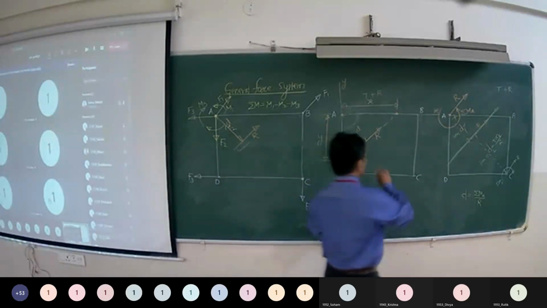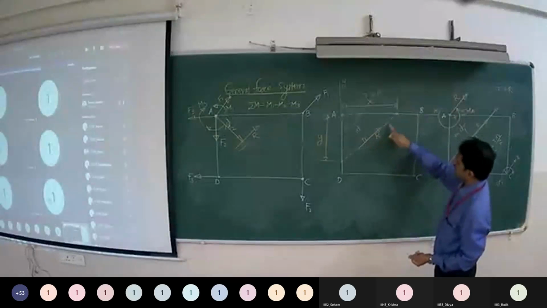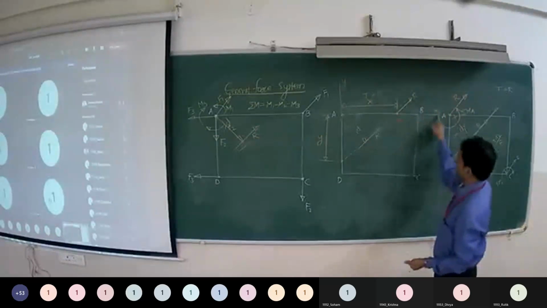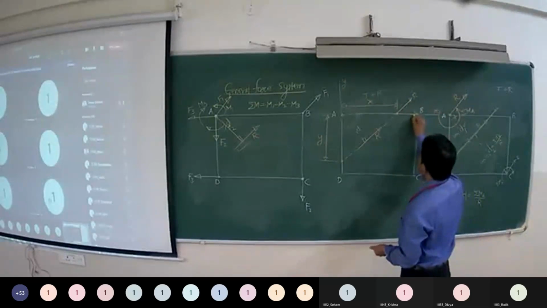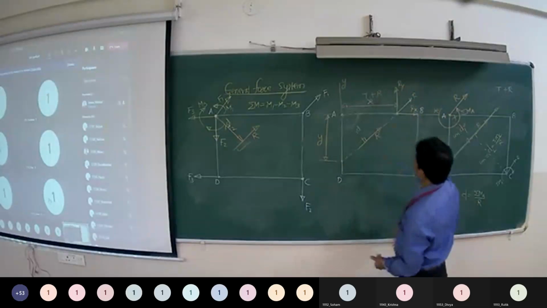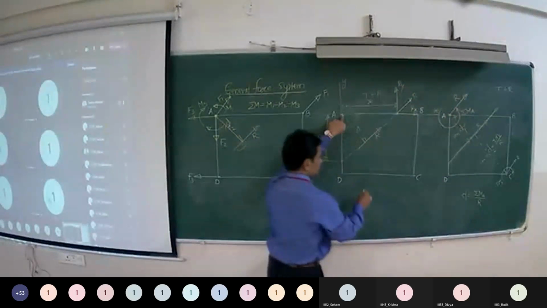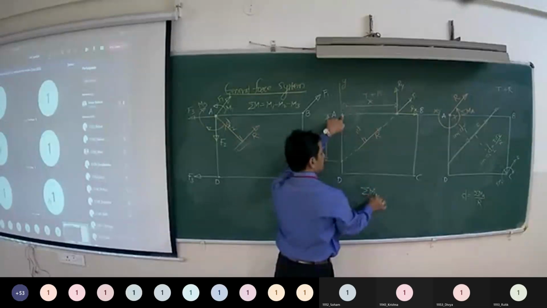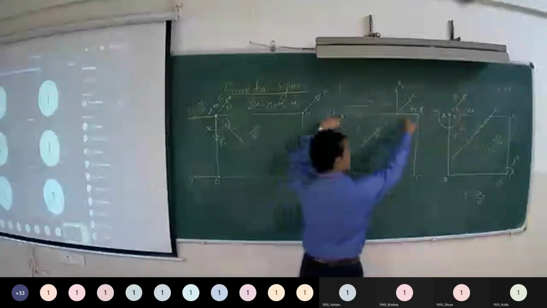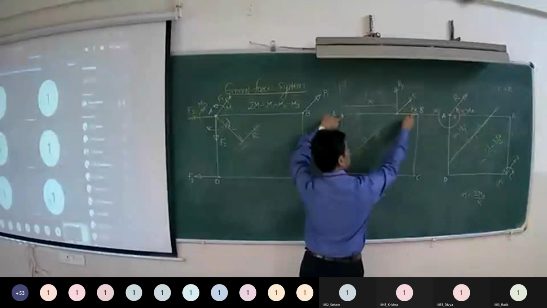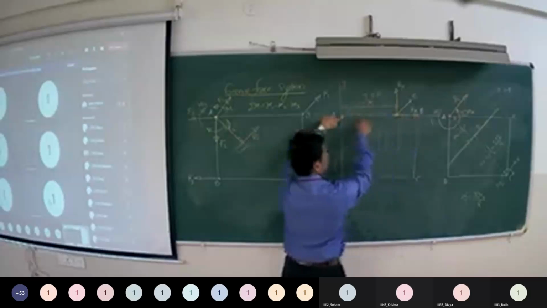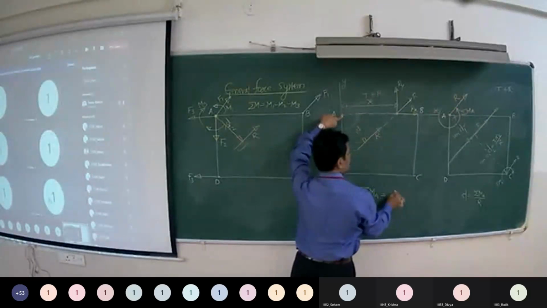Now, by the principle of transmissibility of force, I can transfer the resultant along the same line of action to this point on the x-axis, and then I will resolve this into x and y components, say Rx, Ry. Now I will take moments about A. The algebraic sum of the moments of all forces about A is equal to the moment of the resultant. To find the moment of the resultant, I will take the algebraic sum of the moments of the x and y components of the resultant about A. What is the moment of the x component of the resultant about A? The line of action is passing through it, so 0.